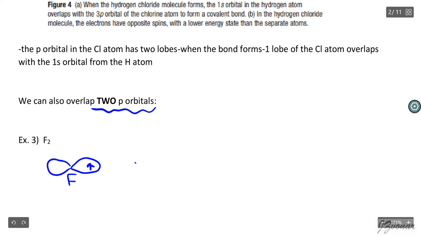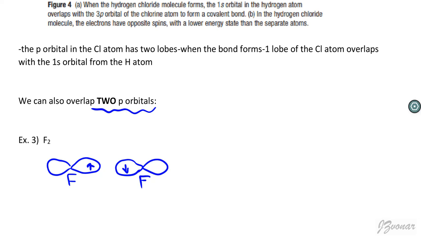And this is another fluorine atom. Its p orbital has one electron. So both of them have one electron. They're half-filled. If we draw the energy level diagram or orbital diagram for a fluorine atom, one of the p orbitals would be half full. This is what this represents.